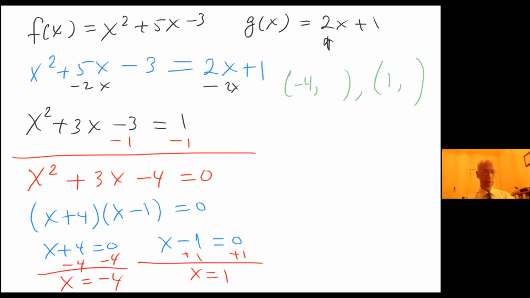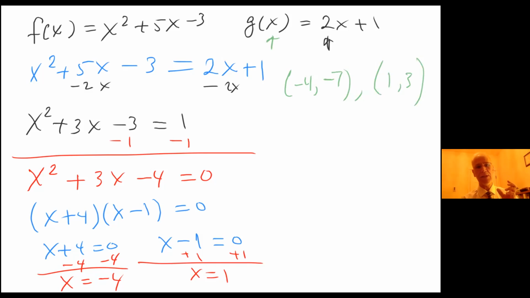All right. So let's plug negative 4 into g of x. 2 times negative 4 is negative 8, plus 1 is negative 7. And plug 1 into g of x. So 2 times 1 is 2, plus 1 is 3. So we successfully found the points of intersection.